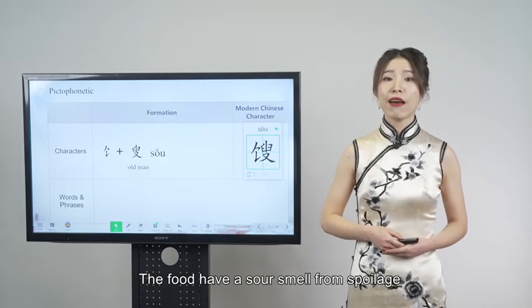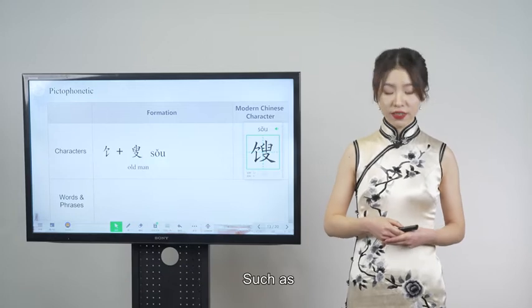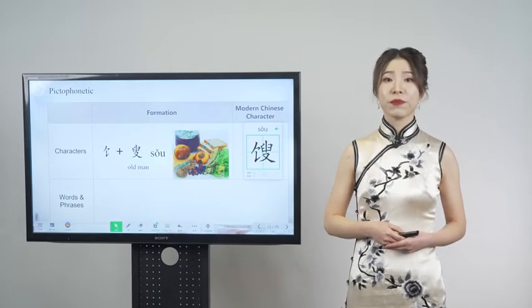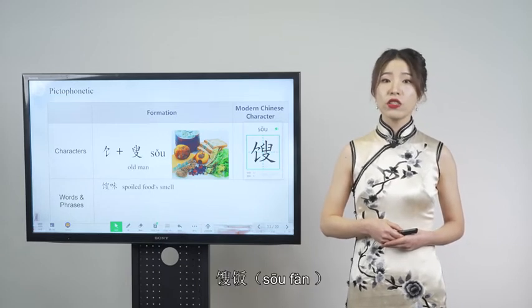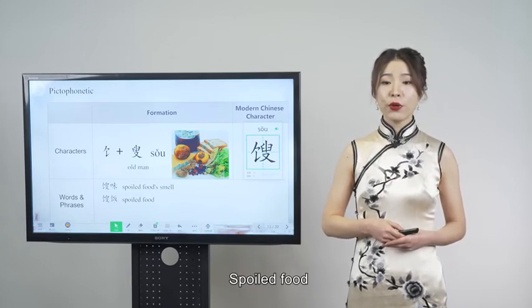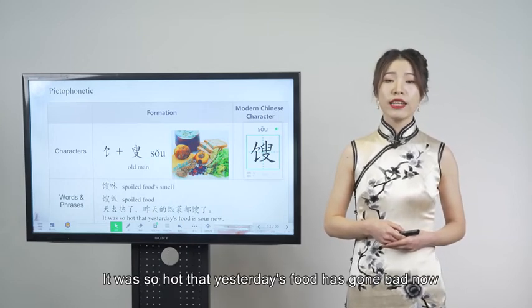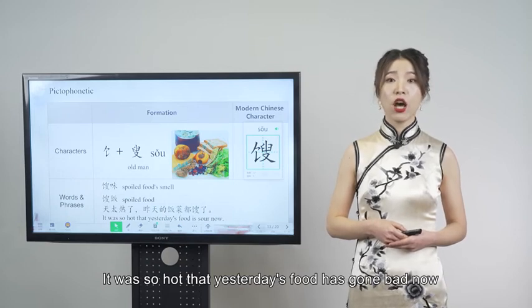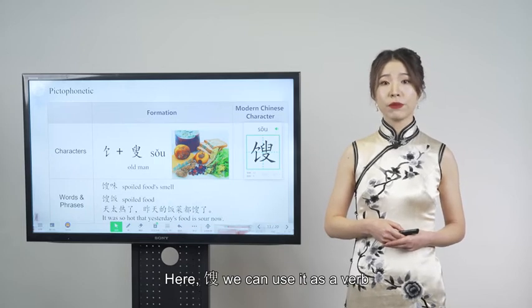The food has a sour smell from spoilage, such as 馊味, spoiled food smell. 馊饭, spoiled food. For example, 天太热了，昨天的饭菜都馊了. It was so hot that yesterday's food has gone bad now. Here, 馊 we can use as a verb.